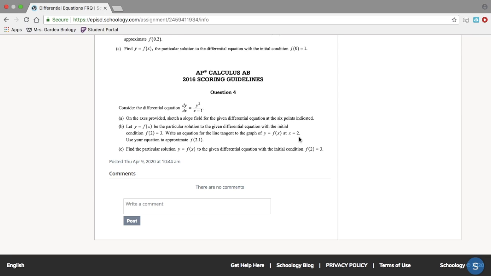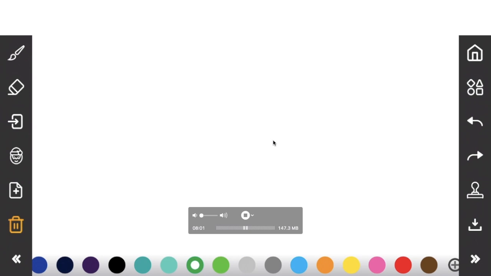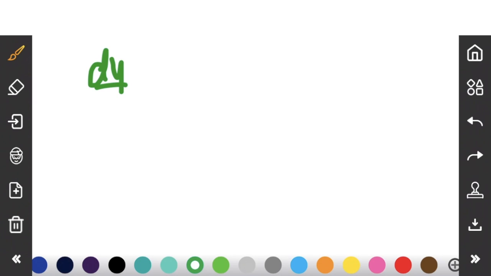They also give us an initial condition to consider and tell us that y is equal to f of x, which we should know. Remember, when you're differentiating, you're finding the slope of the tangent line. So that means dy over dx will be the slope of the tangent line, right?